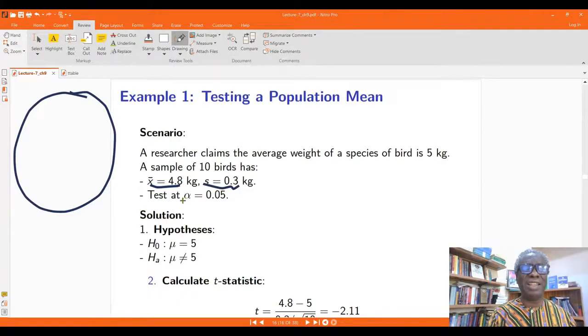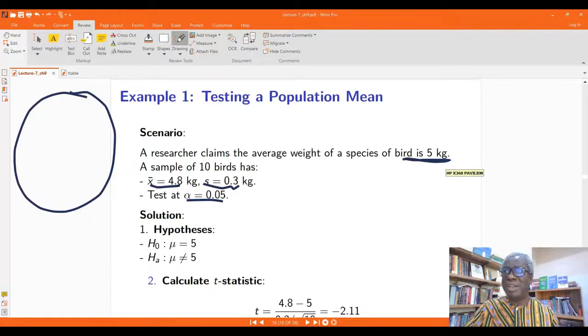The alpha, that is the level of significance chosen for this scenario, is 0.05. But this is the claim made by the researcher, and the claim is to be tested.